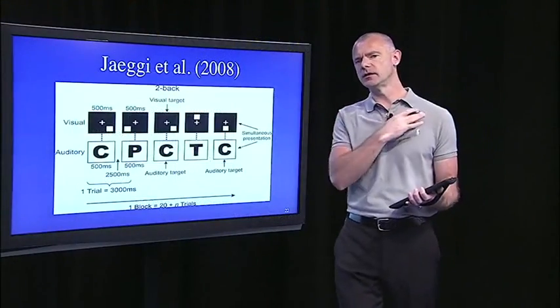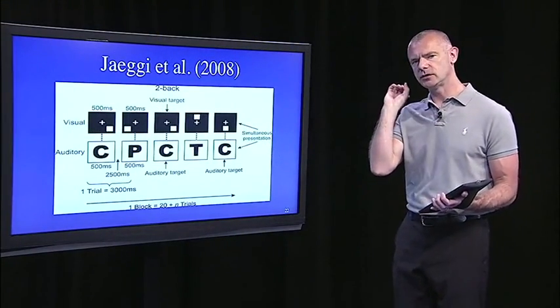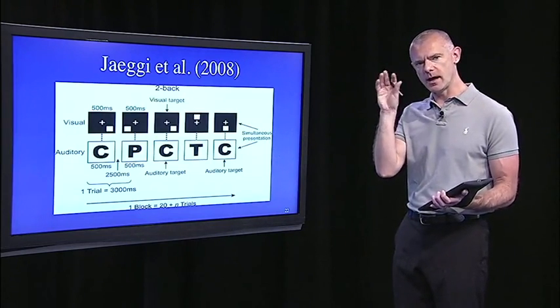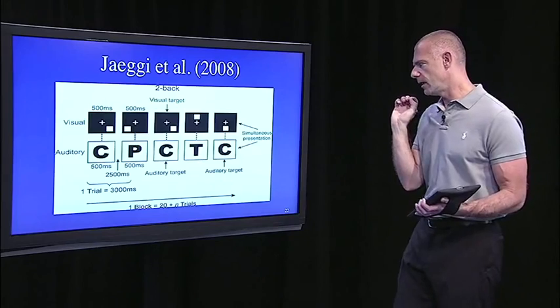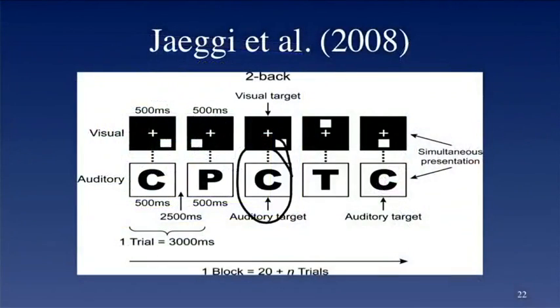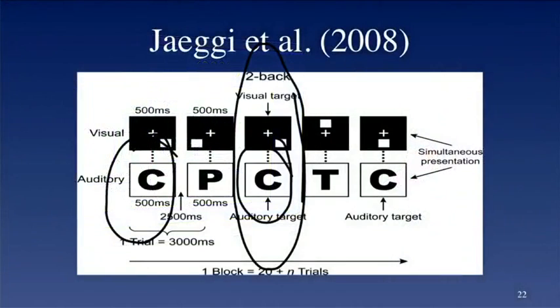They also had to monitor an auditory stream. So they were listening to a speaker say letters over headphones. And again, here's an auditory target because the C matches the auditory stimulus 2 back in the stream. So here is an example of a 2-back target.